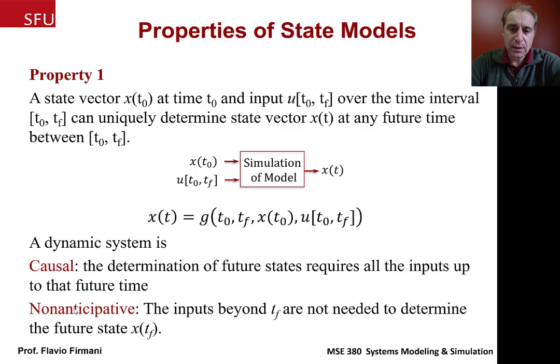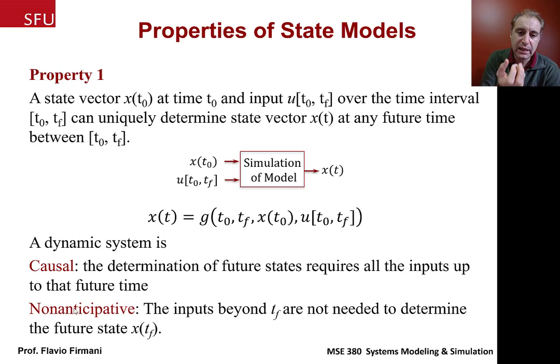Now, there are a couple of properties that have to hold for a state model. The first property is that if we have a state vector x that is evaluated at t naught, so at the beginning, and we have an input that we know from t naught all the way to tf, and we know how that input is going to be changing within that interval of time, then this is the only thing that we need.